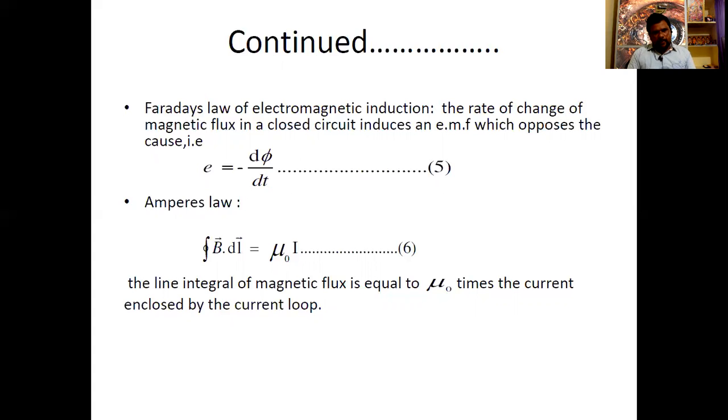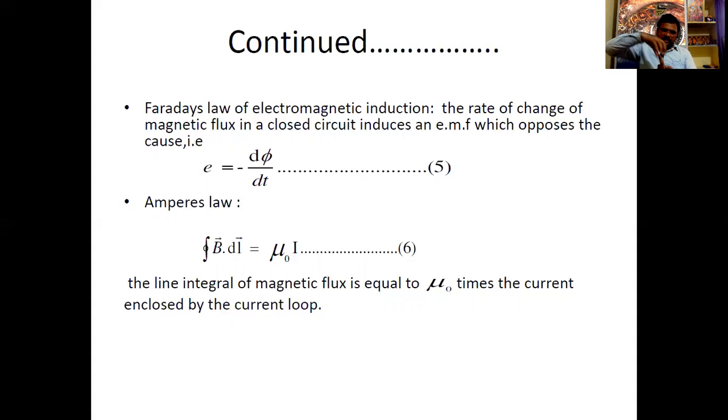current path. So here the minus symbol tells that if a current passes through a closed conductor, a magnetic flux will be generated around it. If this is a current conductor, the magnetic field lines will be generated like this in circles.